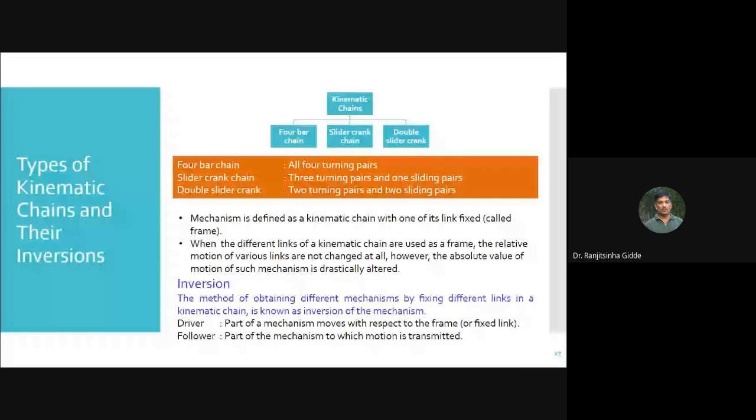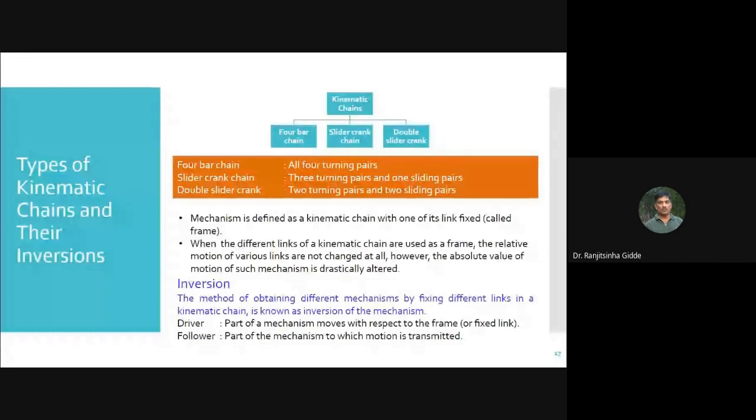Next, we are going to see types of kinematic chains and their inversions. So kinematic chain. What is kinematic chain?